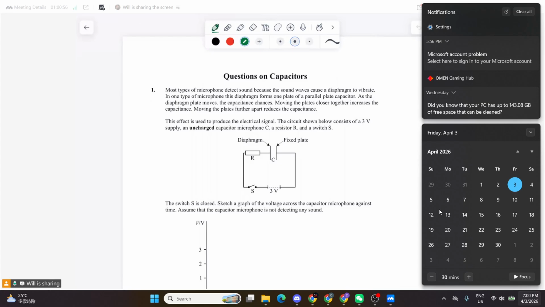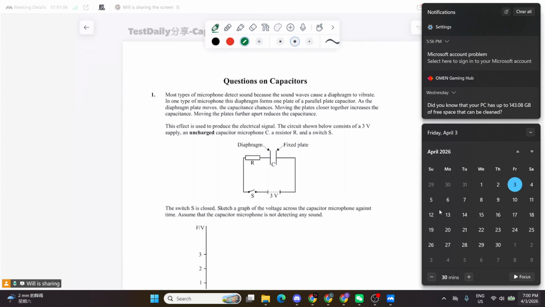Let me think. We will make a plan or timetable. I will use Excel to make a timetable for every lesson that we plan, what we are going to finish, and the marking time.